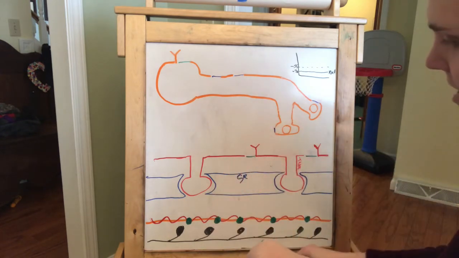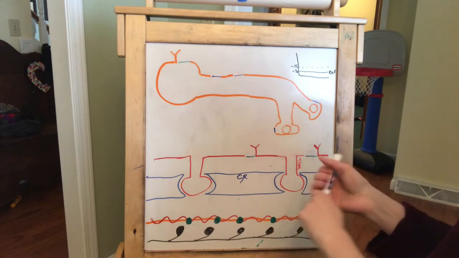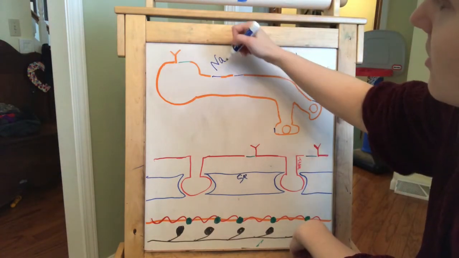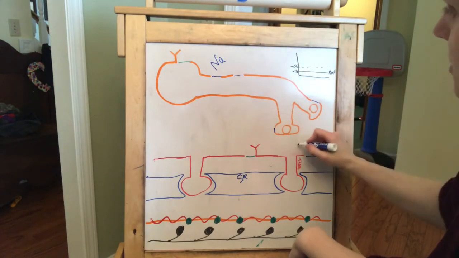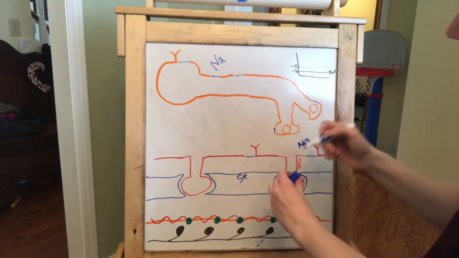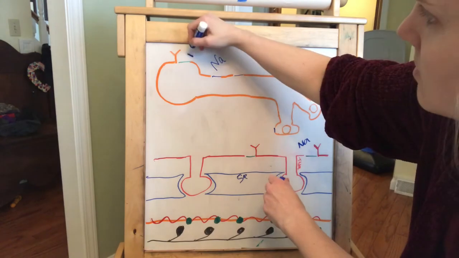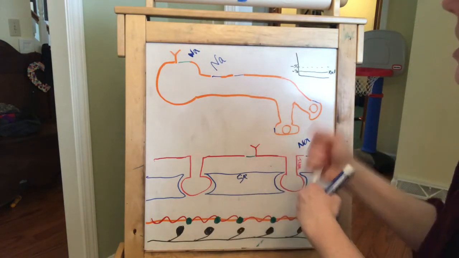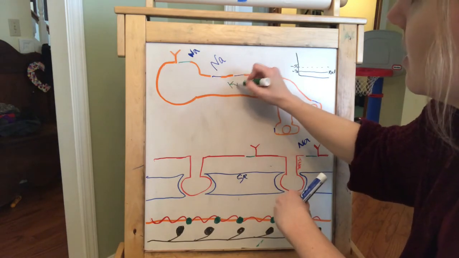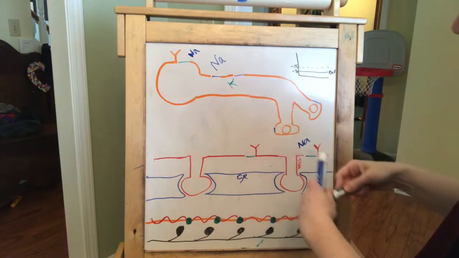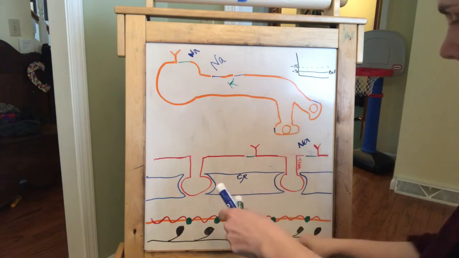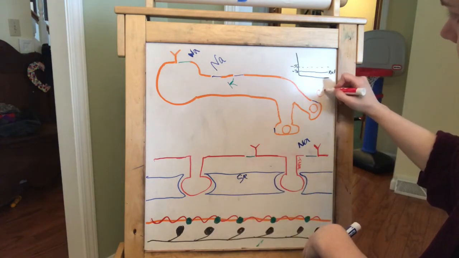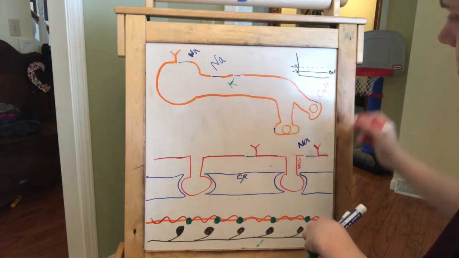So at rest, sodium would be outside of our cell. We're going to have some sodium out here too. Potassium would be inside. And then calcium, we're going to have calcium extracellularly.